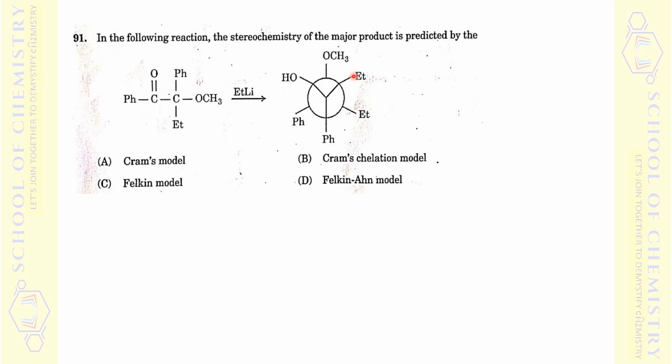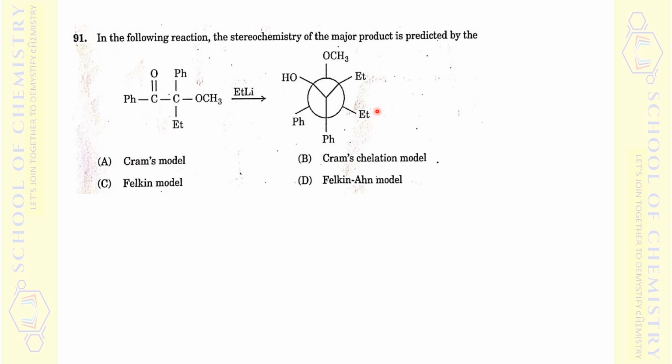The question is, according to which model can this particular product be predicted? For these kinds of stereochemistry predictions, we have different models like Cram's model, Cram's chelation model, Felkin-Anh model, and so on. You should have sound knowledge of all those models, otherwise it is very difficult to answer this question.